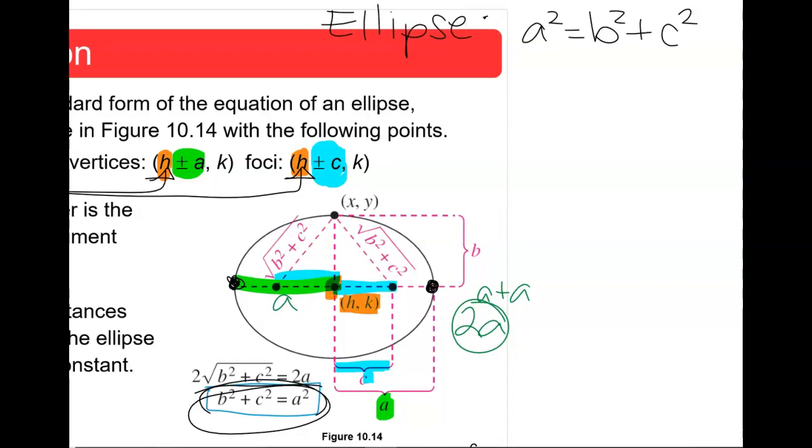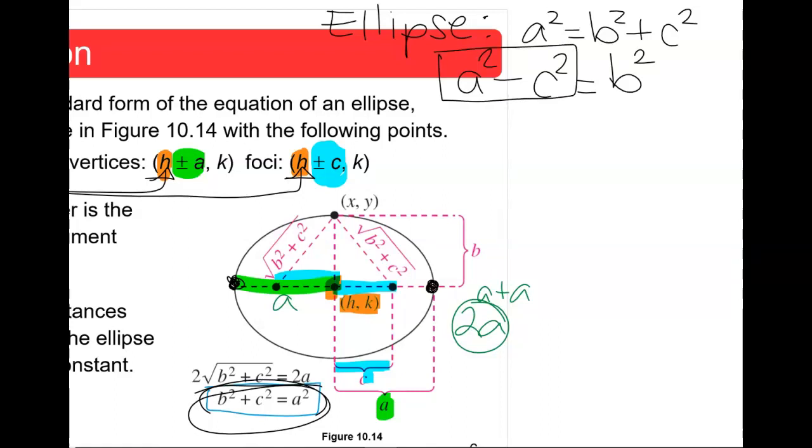Next section is going to be 10.4, which is about the hyperbola, and the equation for that to find b and c is slightly different. So let's say we want to find b squared, then it will be a squared minus c squared. So you see, this is very different than the Pythagorean theorem.